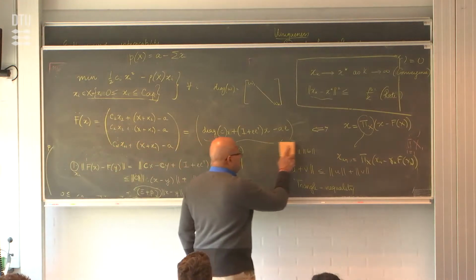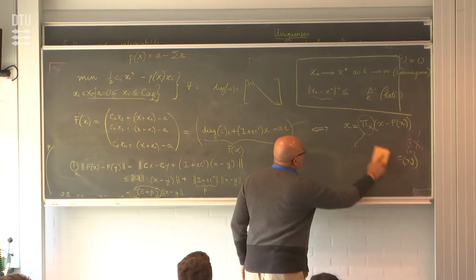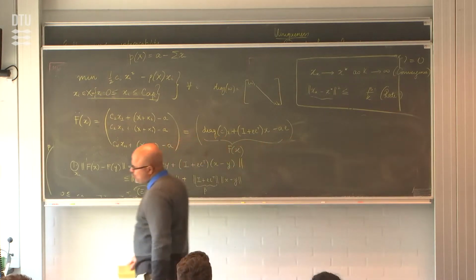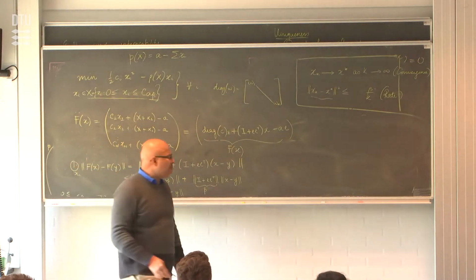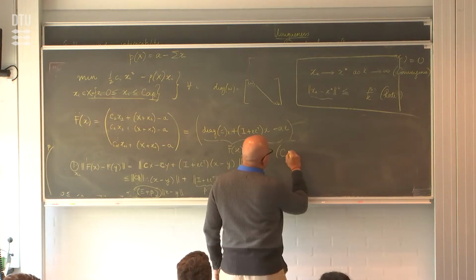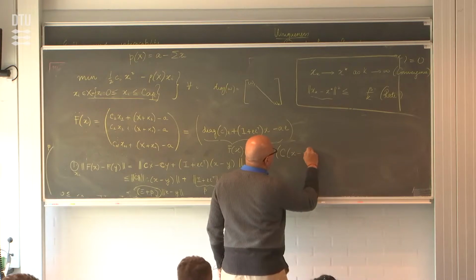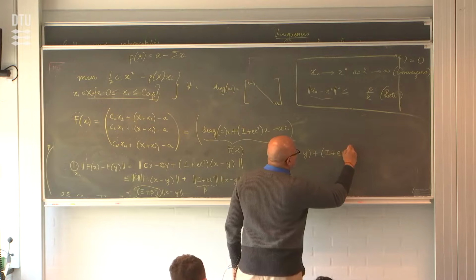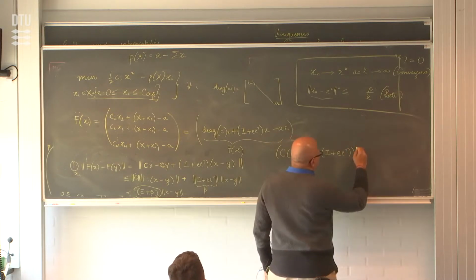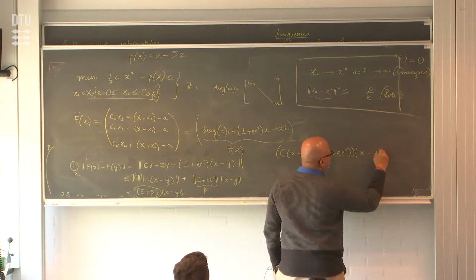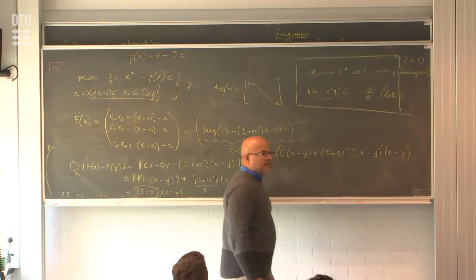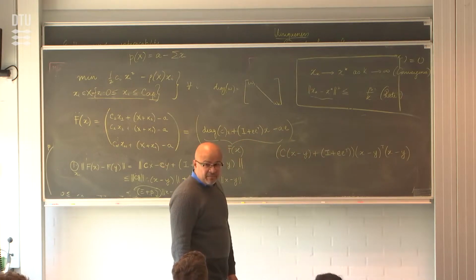The second thing that you want to do is compute strong monotonicity. So for strong monotonicity, the same mapping, C times x minus y plus I plus E transpose.